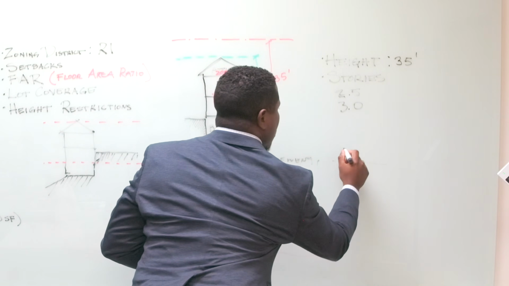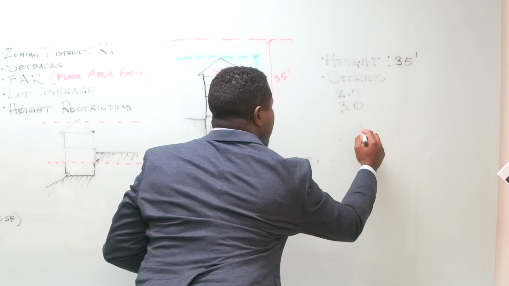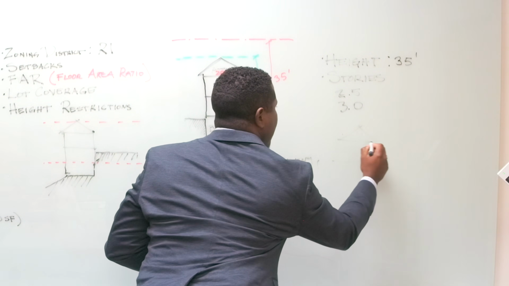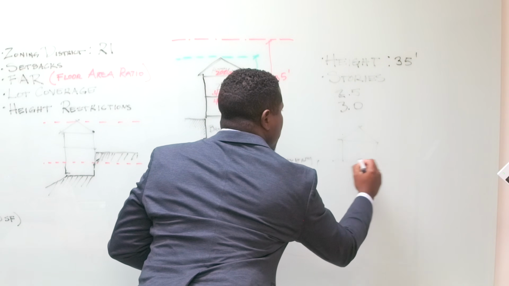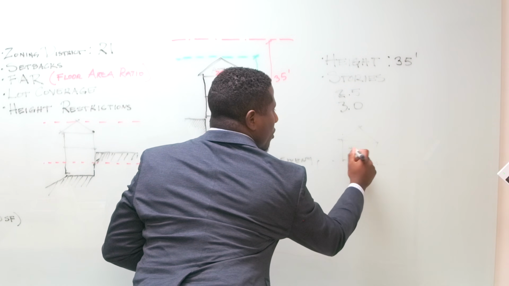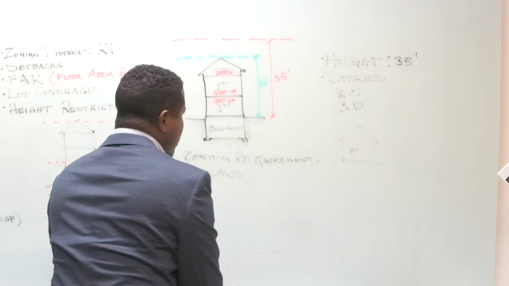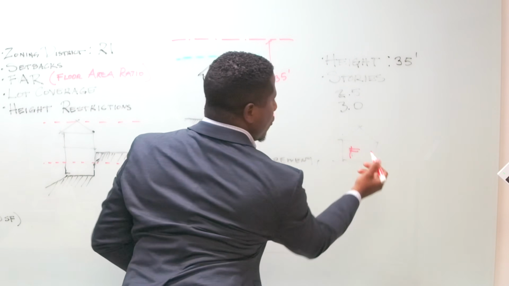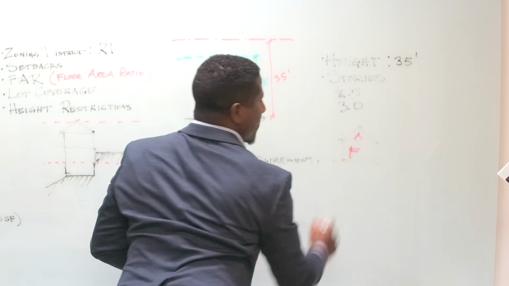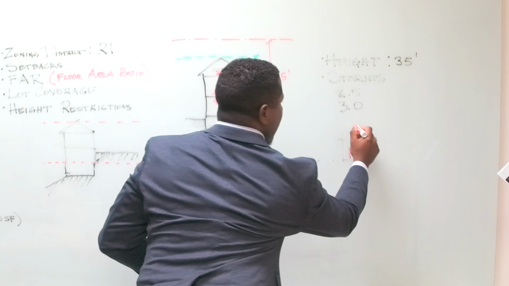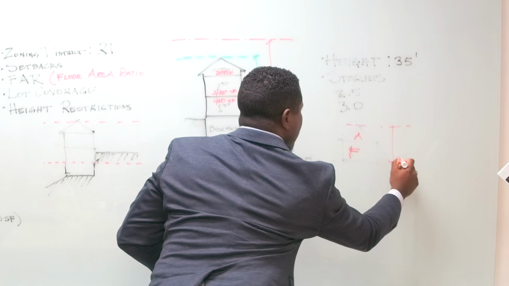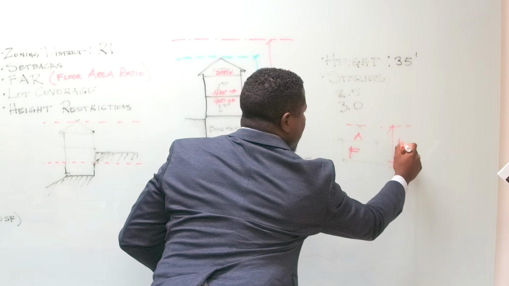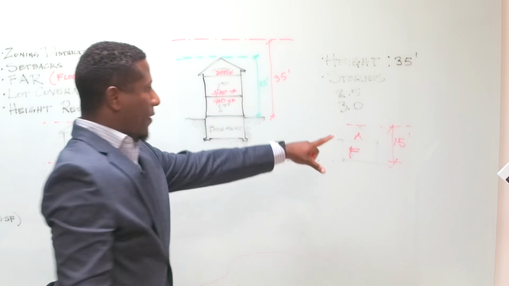I don't know if you can see my text, but let's say you have a first floor, and then you have an unfinished attic. And let's say this space is about 15 feet from the ground.